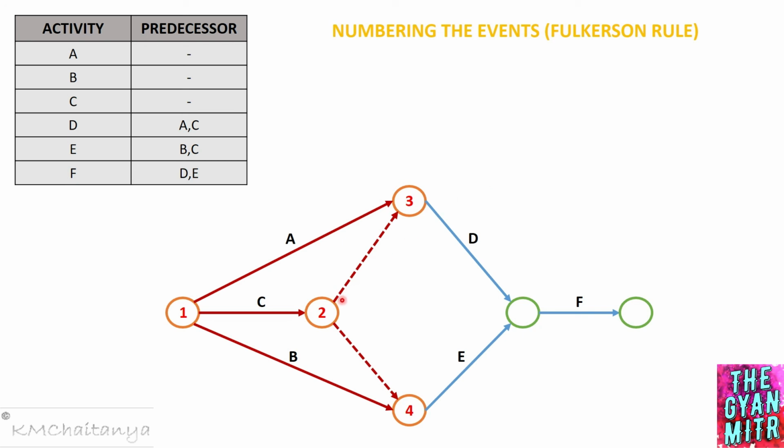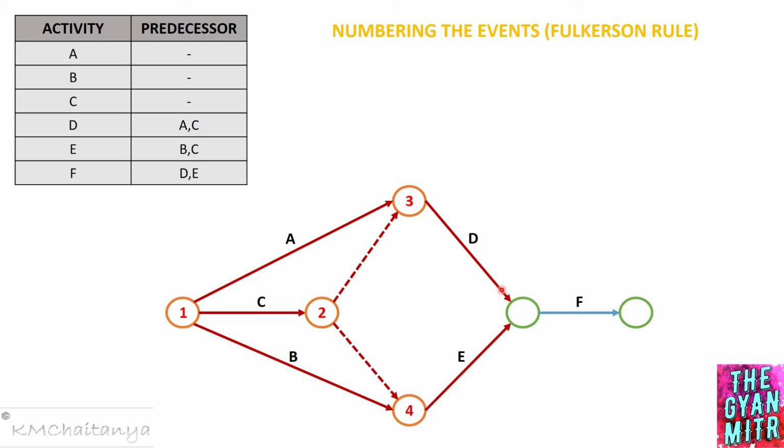So now once tracing of event 2 is done, we'll go on to event number 3 and we'll trace the activity which is emerging out. Now if you look at this event, there is one more activity which is yet to be traced. So we'll move on to event number 4. Through event number 4, I'll be tracing this activity.